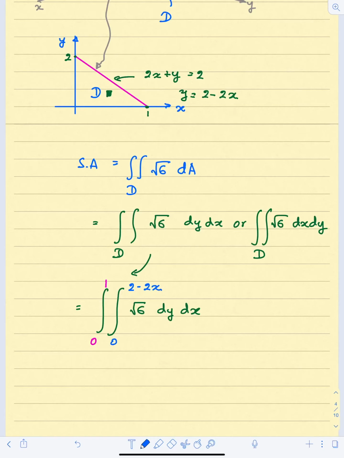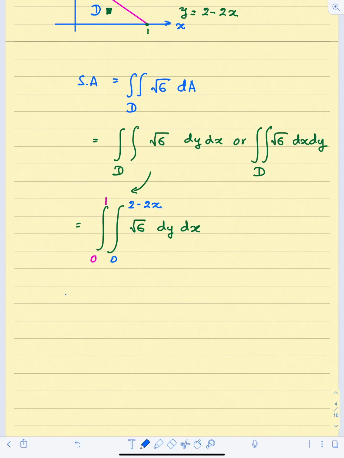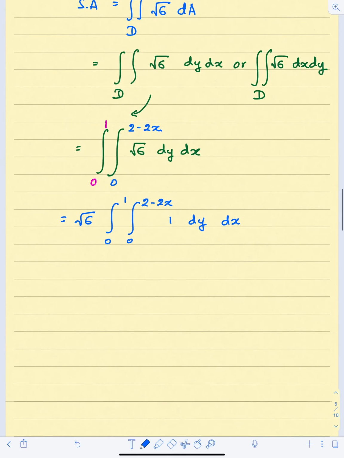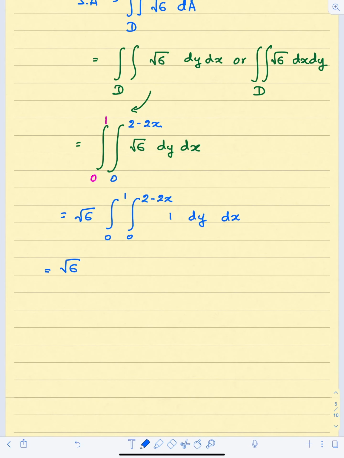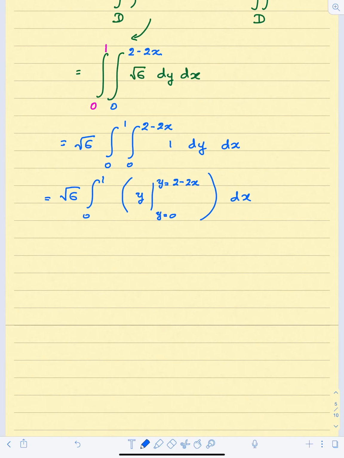Let's integrate this. Root 6 is a constant, and we can pull a constant out of the integral sign. If you integrate 1 with respect to the y variable, you should get y. The lower limit is 0, the upper limit is 2 minus 2x, dx. Apply the upper limit and the lower limit.